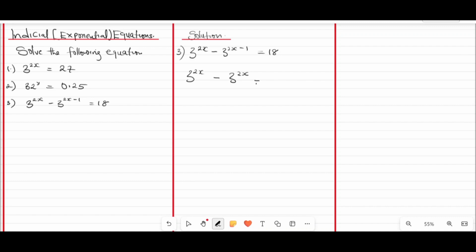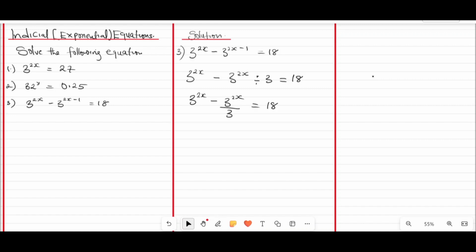This is from our division law of indices, that when the bases are the same, you subtract their powers. This will be equal to 18, and I can write that 3 raised to the power 2x minus 3 raised to the power 2x all divided by 3 equal to 18.